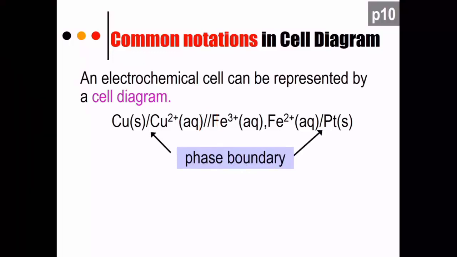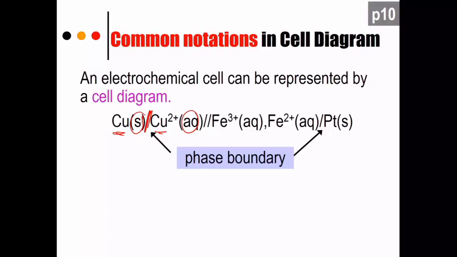And next, how about the one slanted line? What does it represent? Now, the one slanted line represents a phase boundary. That means in your half cell, if it consists of two species of different phases, for example, solid and aqueous, you need to separate the two species using a slash.